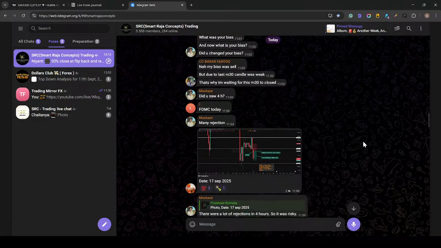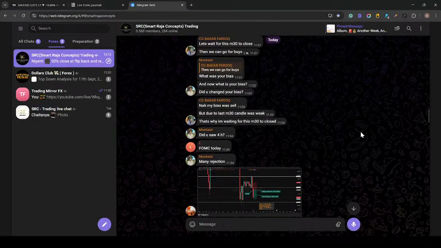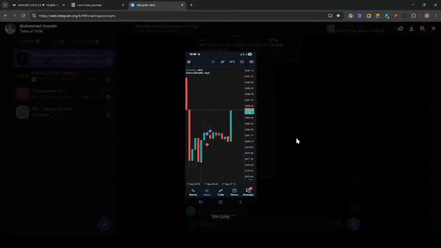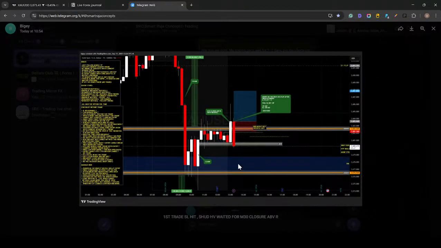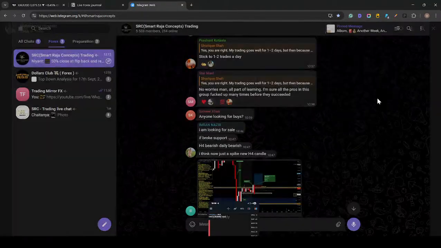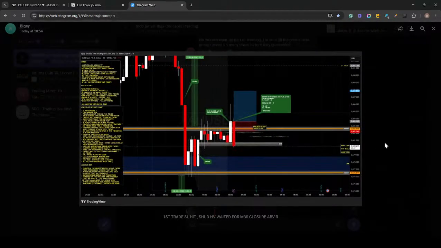See, they are taking a lot of trades. They are making money. I think he took this trade in the early session. See, that's why I don't like to trade in the early part of the session.